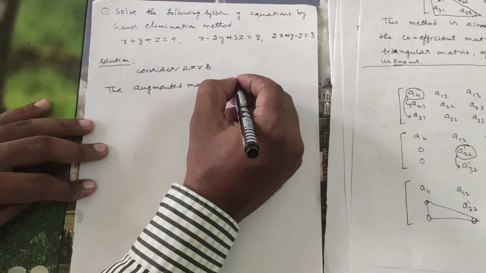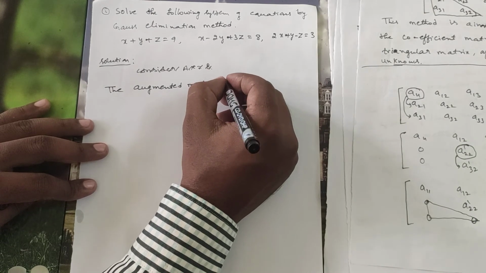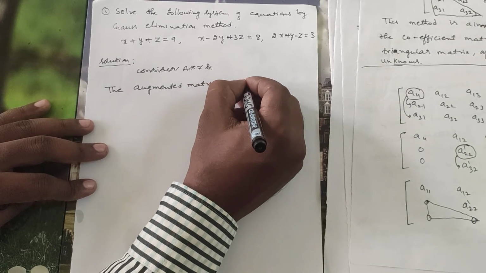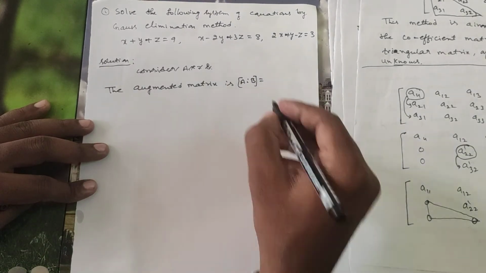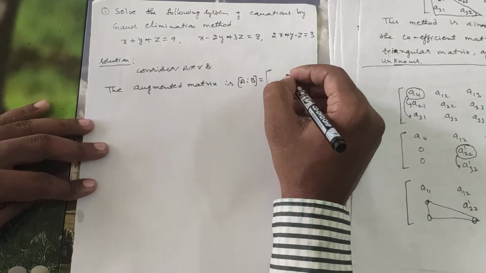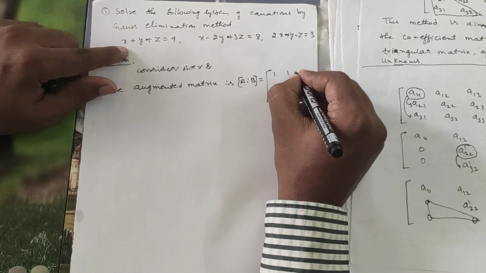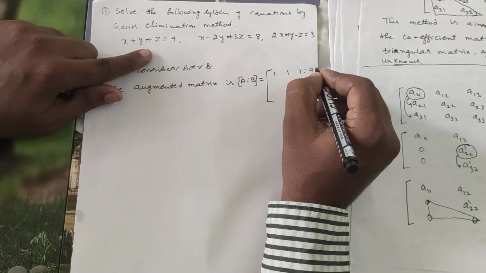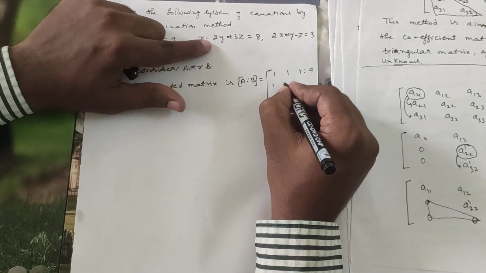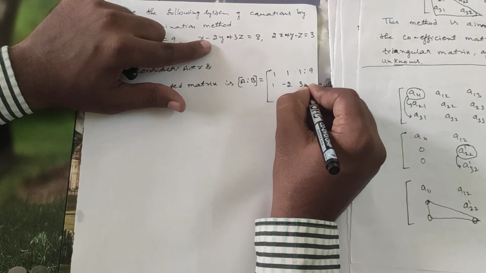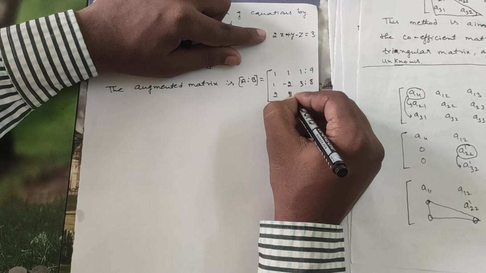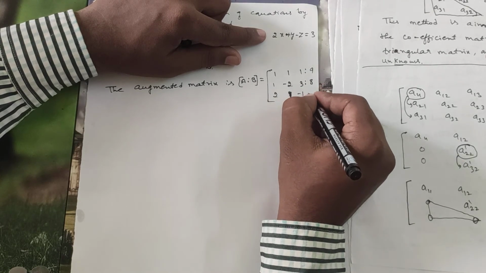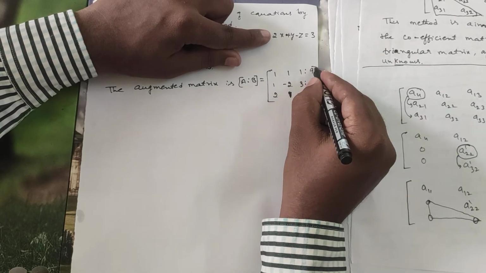The augmented matrix A is to B equals, what is the matrix you get? Coefficient matrix: here 1 1 1 is to 9, here 1 minus 2 3 is to 8, here 2 1 minus 1 is to 3.